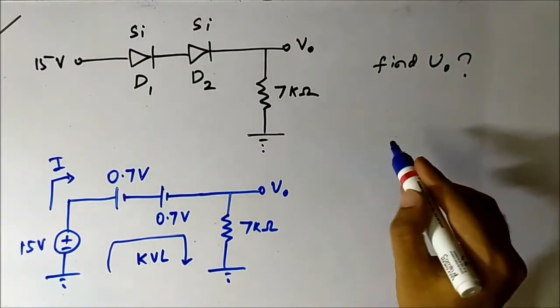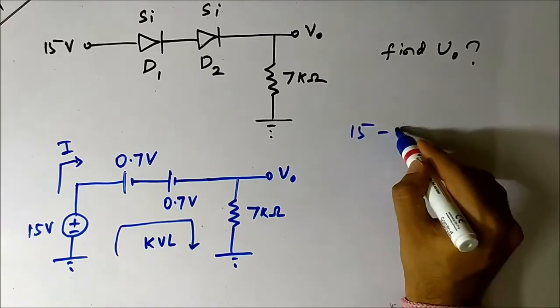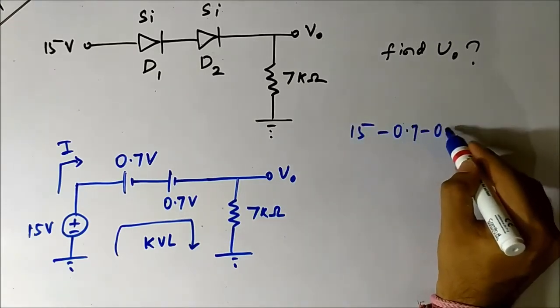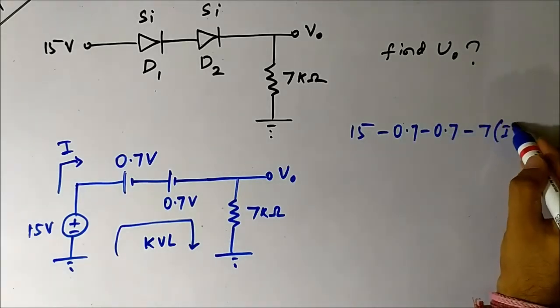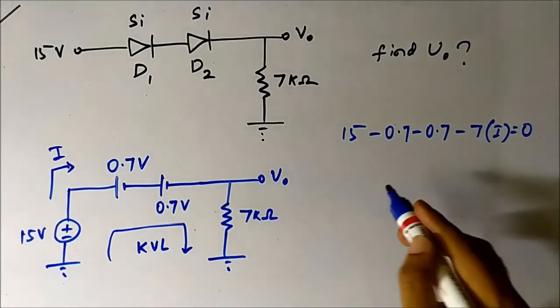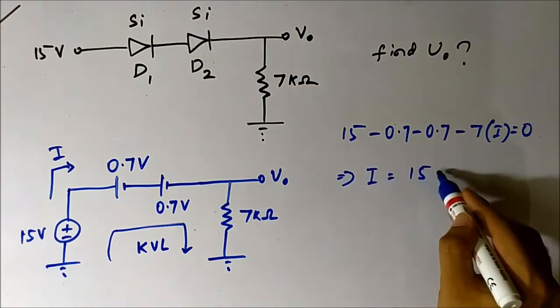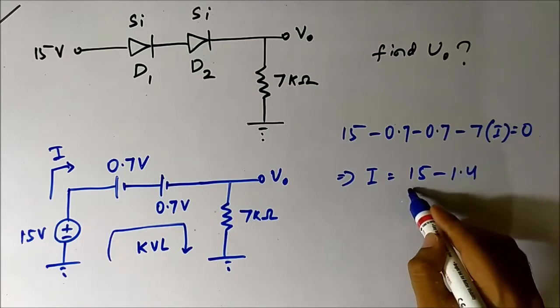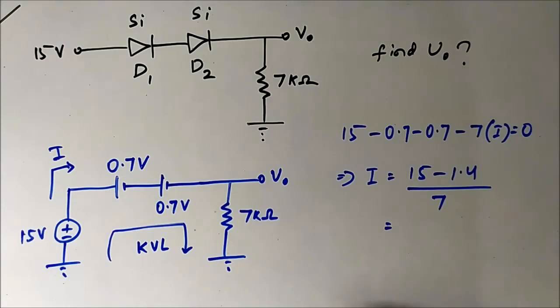So applying KVL here, we get 15 minus 0.7 minus 0.7 minus 7I is equal to 0. Or we can say that I is equal to (15 minus 1.4) by 7, which is 13.6 by 7.